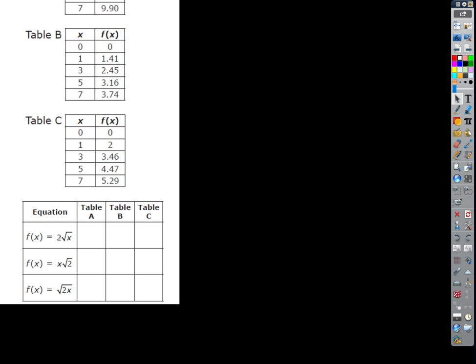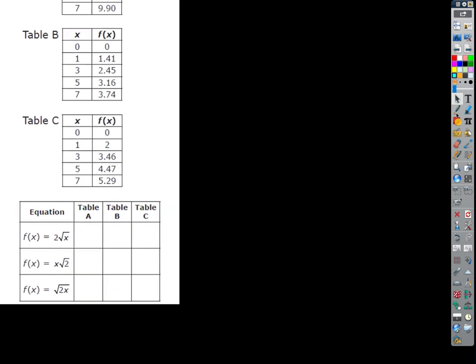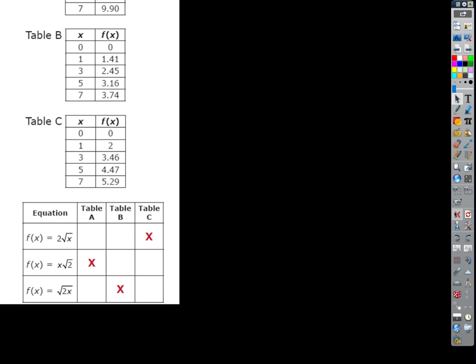If you look at these functions, look what's going to happen if we plug 1 into each of these. Let's see why this is true. If I take this function right here, f of 1 equals 2 times the square root of 1. What's that?